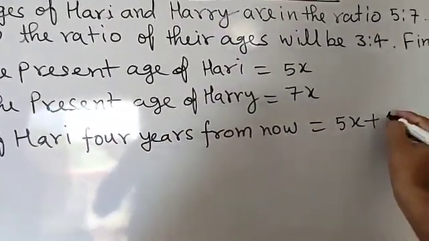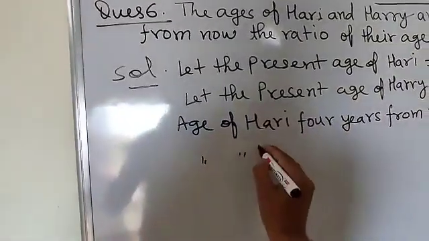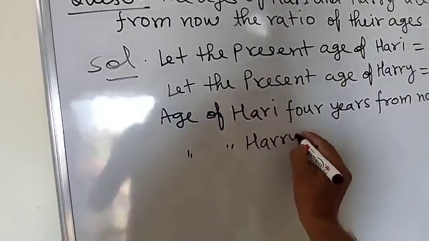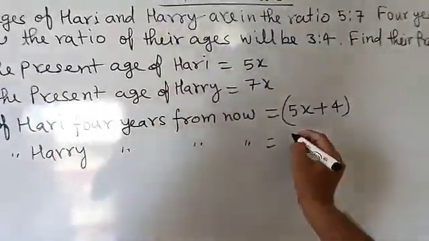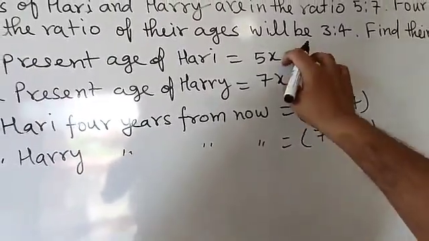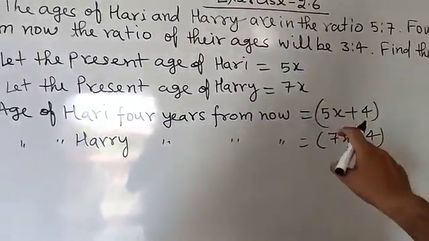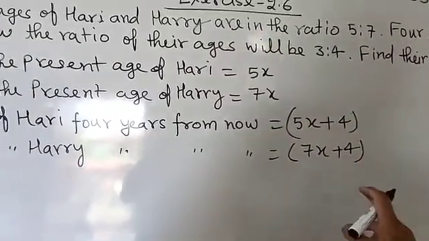That will be 5x plus 4. In the same way, age of Harry 4 years from now will be, what will be the age of Harry? That will be 7x plus 4. So if the present ages of both are 5x and 7x, after 4 years their ages will be 5x plus 4 and 7x plus 4.